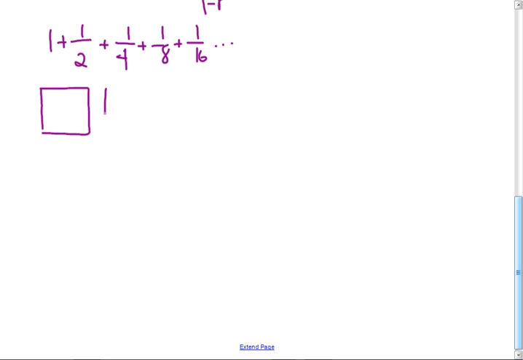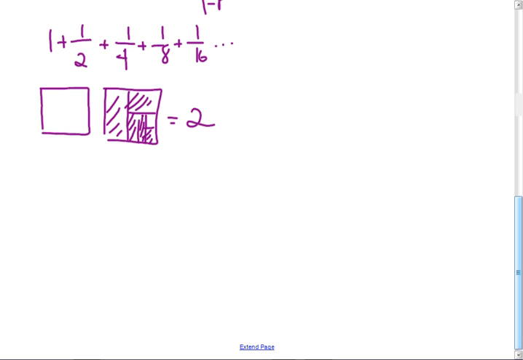Then I'm going to take another square and take half of it. And then a fourth, an eighth, and a 16th. What's happening here? Then a 32nd will be here. It's approaching 2. That's just the geometry.